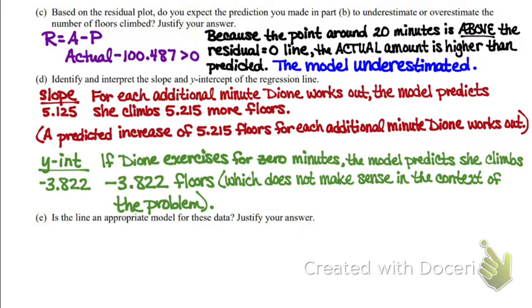Is a line the most appropriate model for this data? What do I want to look at to determine that? Danelle, do you have that worksheet that I passed out on Friday? Because that's what this is on.